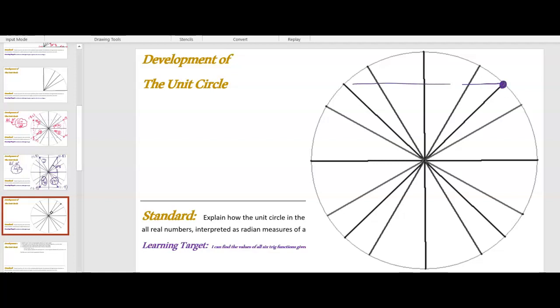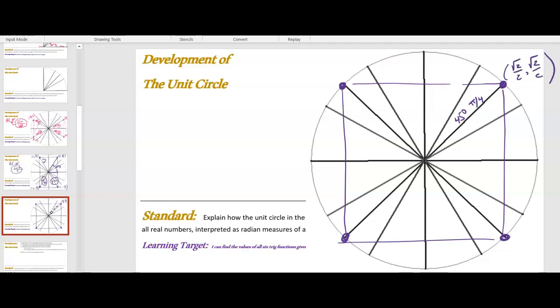45 degrees. Reference 45, reference 45. Those middle angles, reference 45. So this angle, once again, 45 degrees, or pi over 4, root 2 over 2, root 2 over 2. Every one of these angles has a reference angle of 45 degrees.